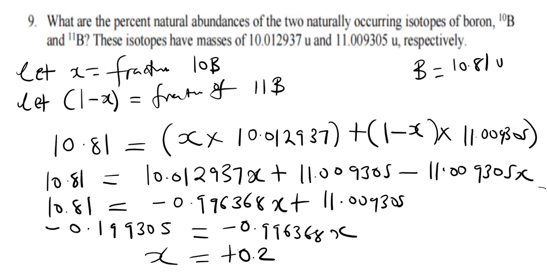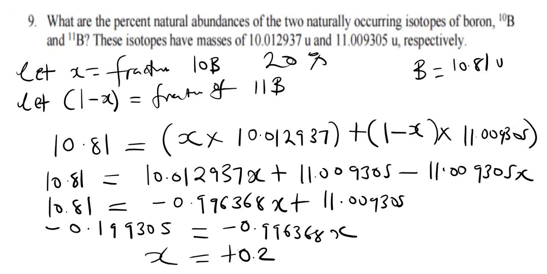That is the percentage of this one, the one we let be x, the percentage of 10B. We found that it is 0.2. 0.2 in terms of percentage is 20%, right? Now, if 0.2 is 20%, what about for 11B?